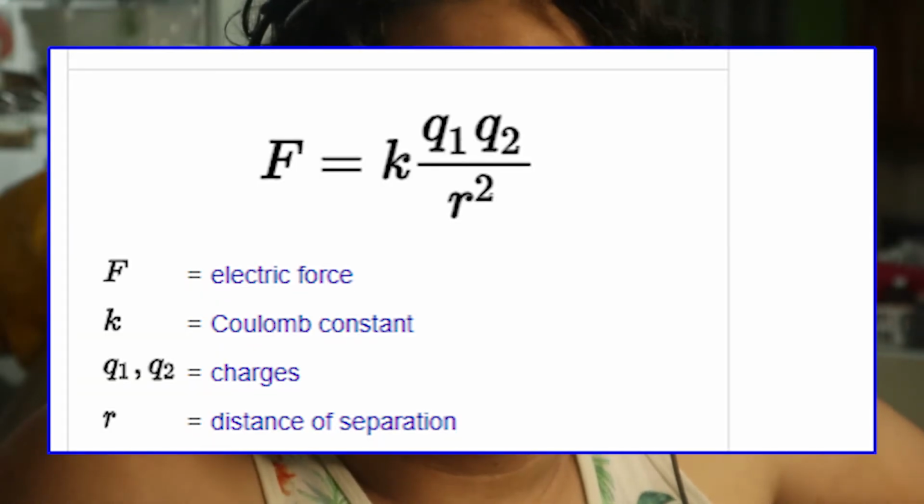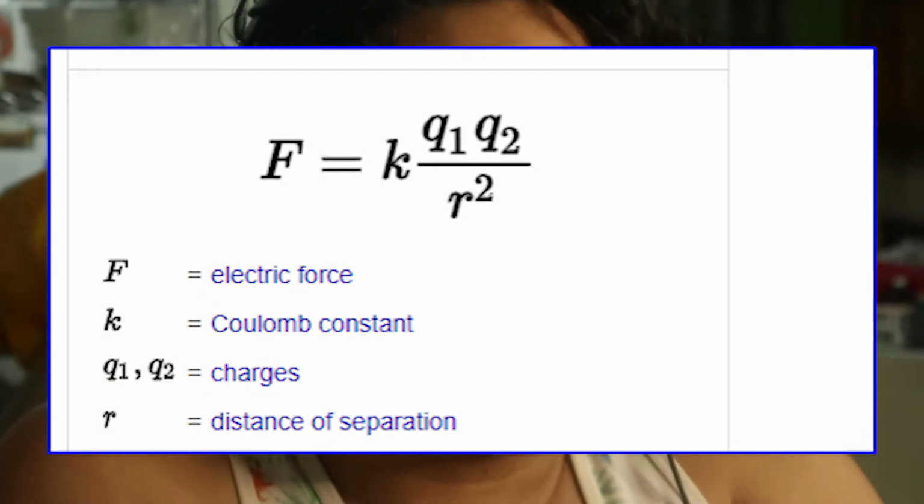So next up, we're going to talk about how to solve Coulomb's law. On this screen, I'm going to show the formula of Coulomb's law, and you can see that we're going to find the electrostatic force between them.